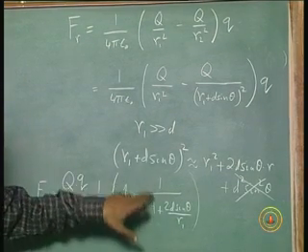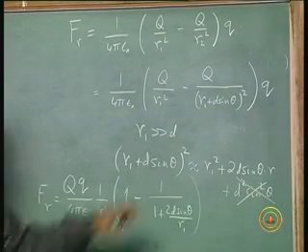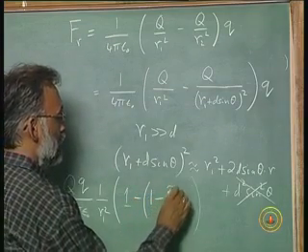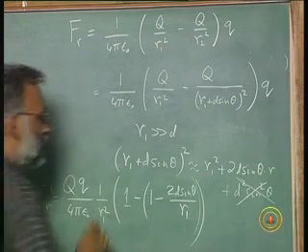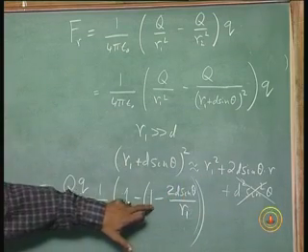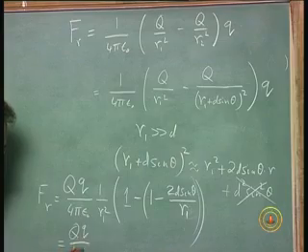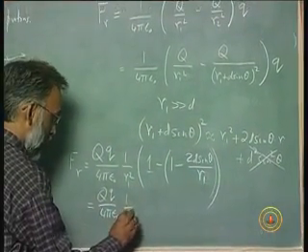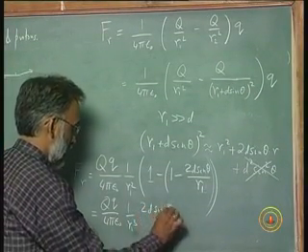When I take it to the numerator, this 1 plus 2d sine theta over r1 will become a 1 minus 2d sine theta over r1. The 1 will cancel out, and what you are left with is q over 4 pi epsilon naught, there is an r1 cubed and a 2d sine theta.